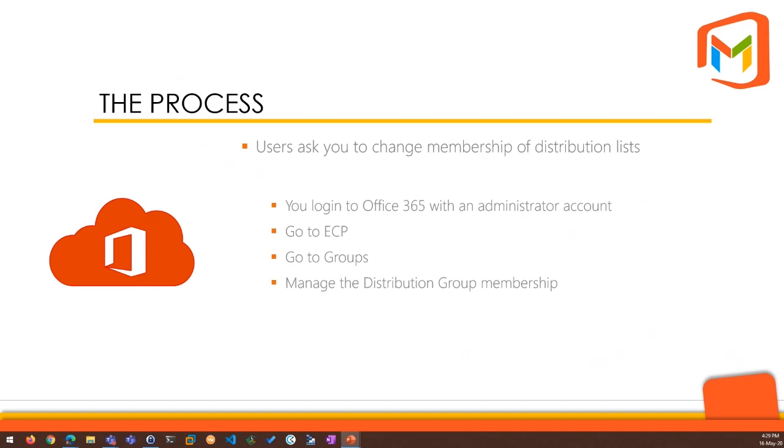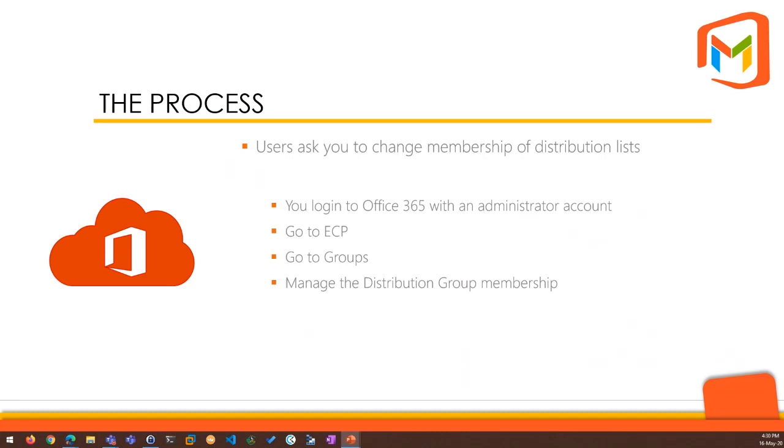What we can easily do is give back the power of membership management to the user. So what I am going to show you, I have created a really simple SharePoint list in which every user can really simply add a new member to a distribution group.